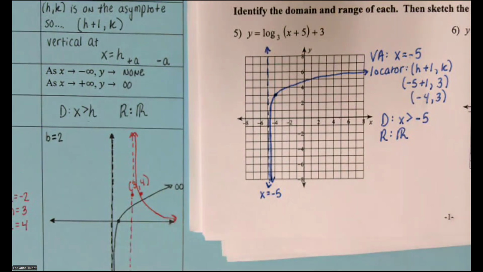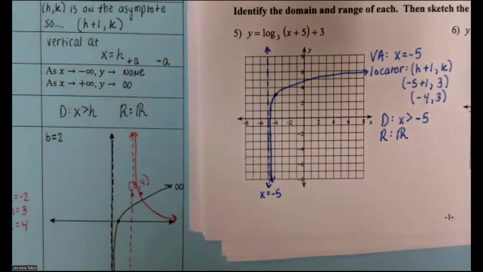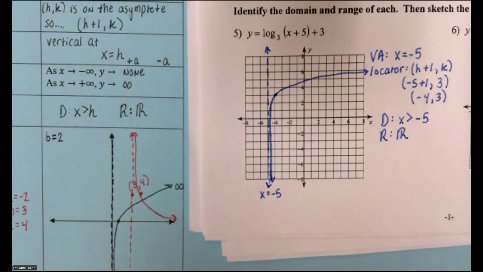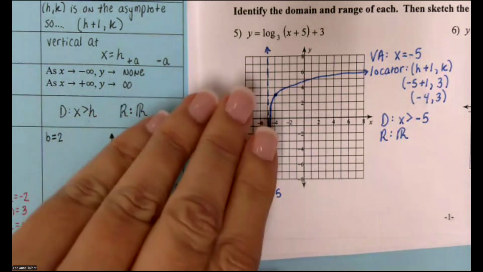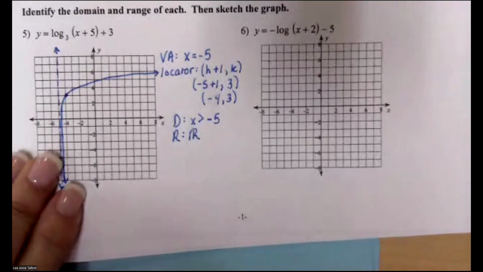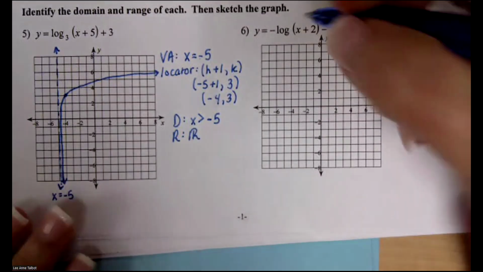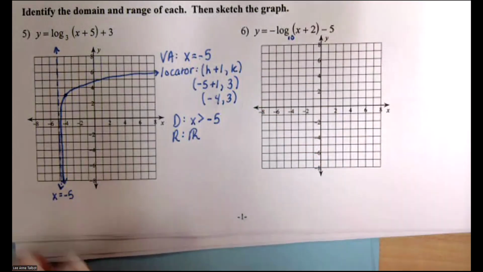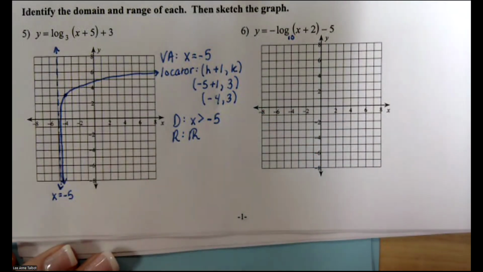Okay, now notice I put 2 twists in number 6. Plot twists, number 6. Do you see my plot twists? Negative log and yeah. Okay. Now the 10 base really isn't going to affect you here, but just to get in the habit, I'm just going to put a little baby 10 there.